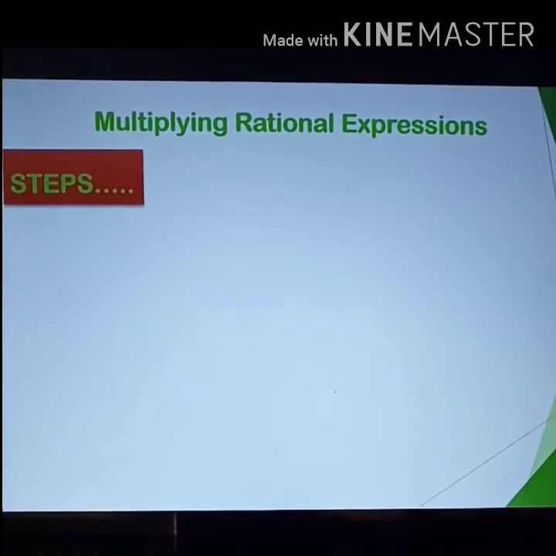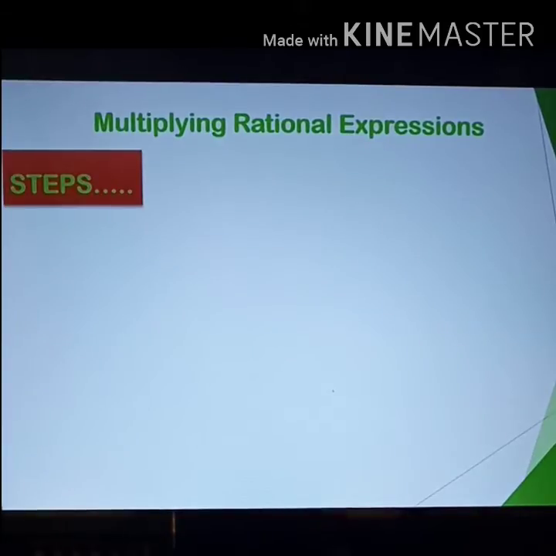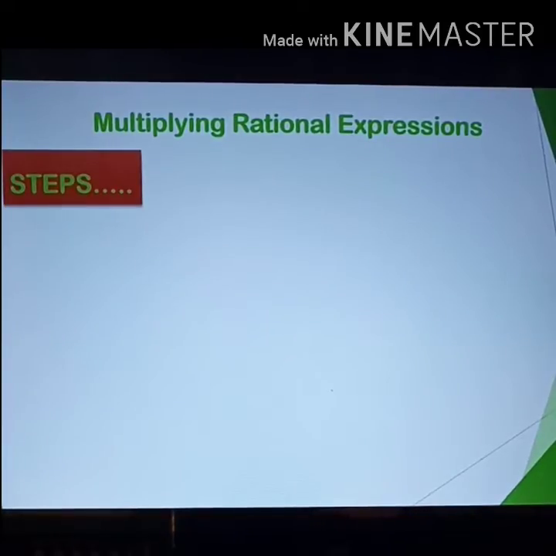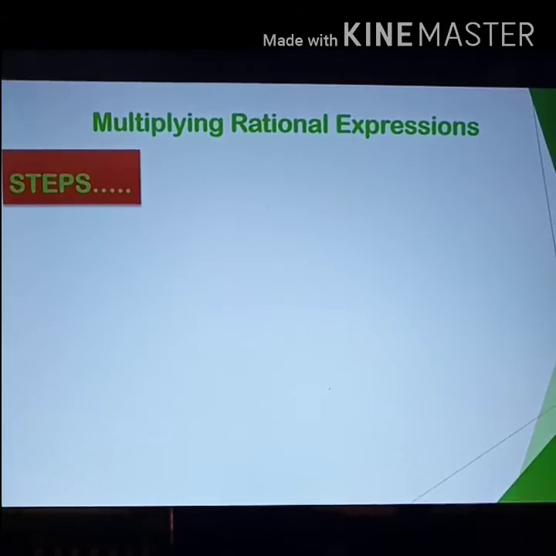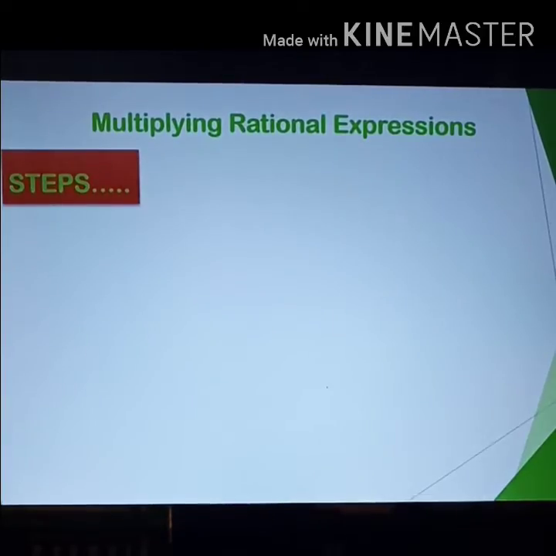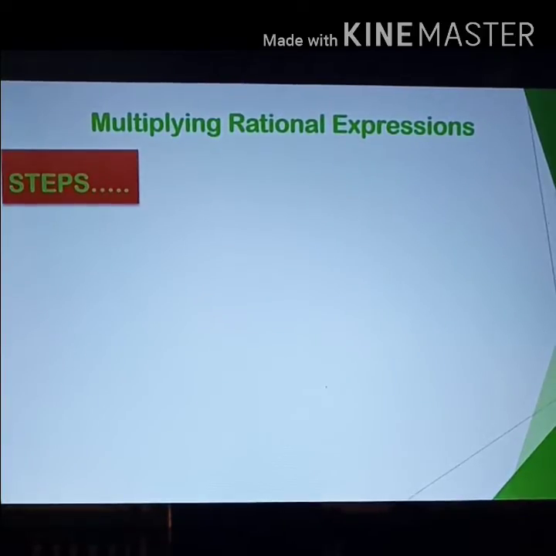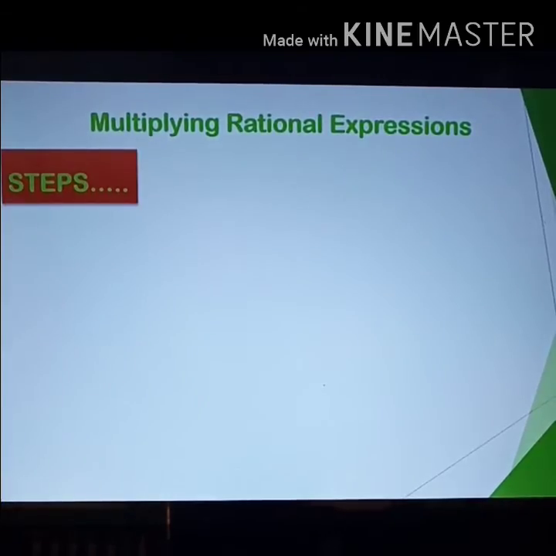In multiplying rational expressions, there are some cases, particularly when the numerator or denominator is not a monomial. So usually it is best to divide out common factors before we multiply. But for us to be oriented, we have steps to be followed.